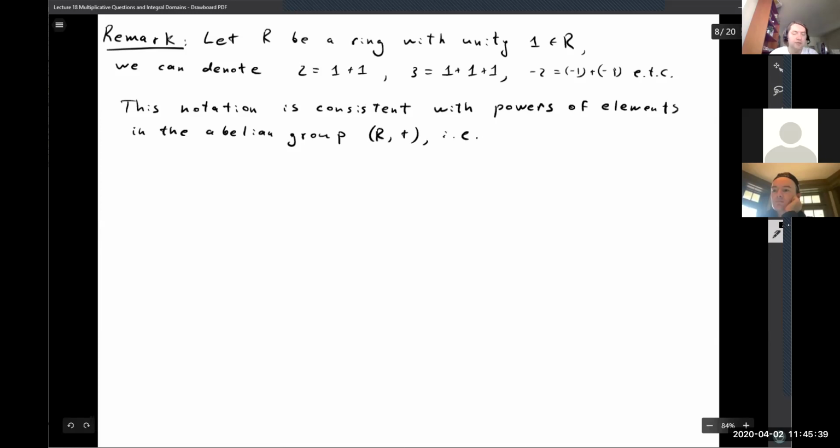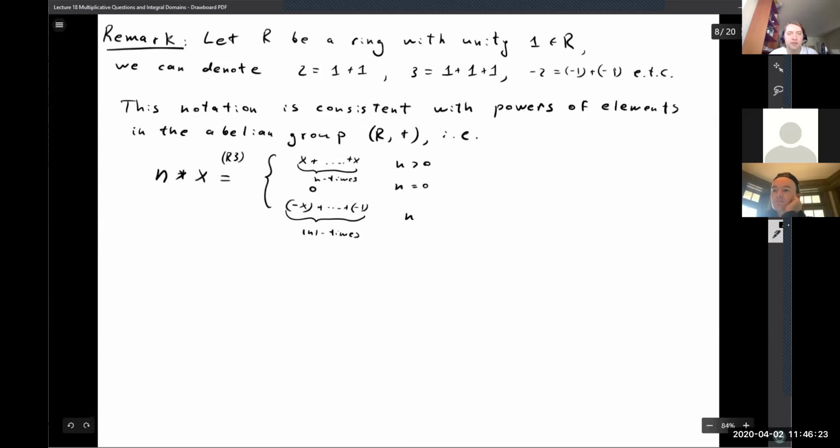In other words, if you look at this n and multiply it by an element x, then by the distributive property, that will be the same as x plus x, n times, when n is greater than 0; 0 when n equals 0; and minus x plus minus x, absolute value of n times, when n is less than 0.